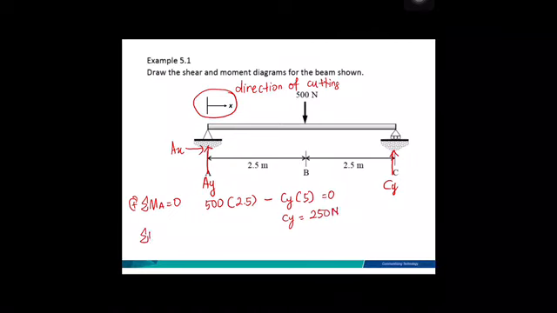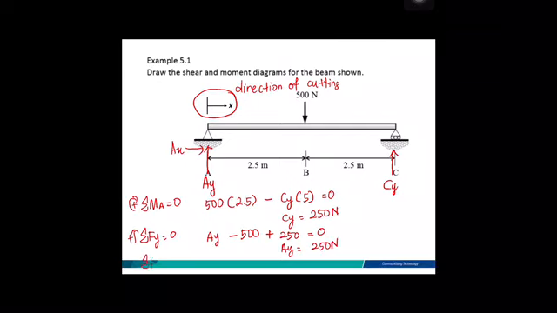And then summation FY is equal to 0, upward is positive, then you have AY minus 500 plus CY that already calculated, which is 250 is equal to 0, then AY is equal to 250 Newton.